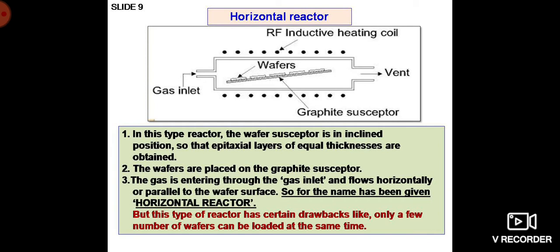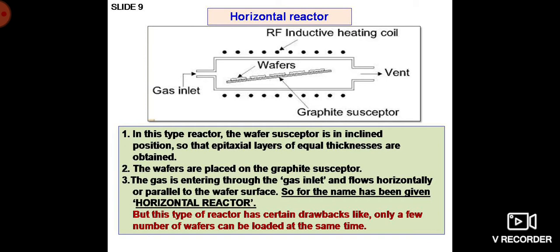The second point is that the wafers are placed on the graphite susceptor, and the gas mixture is input through the gas inlet, and the gas flows horizontally, parallel to the wafer surface.